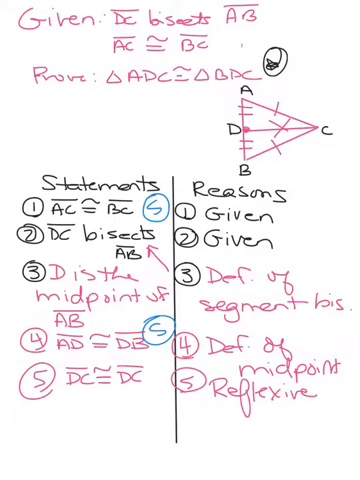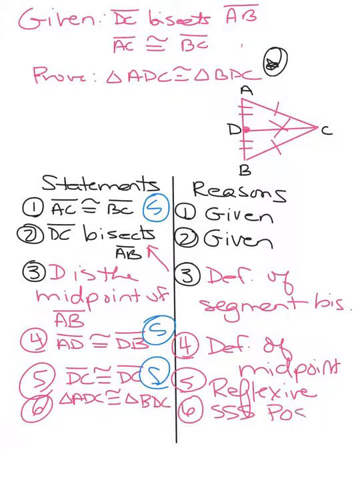So I'll mark that. Now I have 3 sides. So I'm ready to prove that my triangles are congruent. So I have triangle ADC is congruent to triangle BDC, and the reason I can say that is because of the side, side, side postulate.